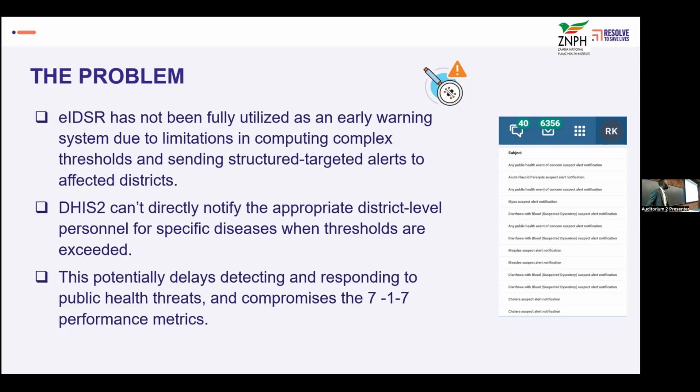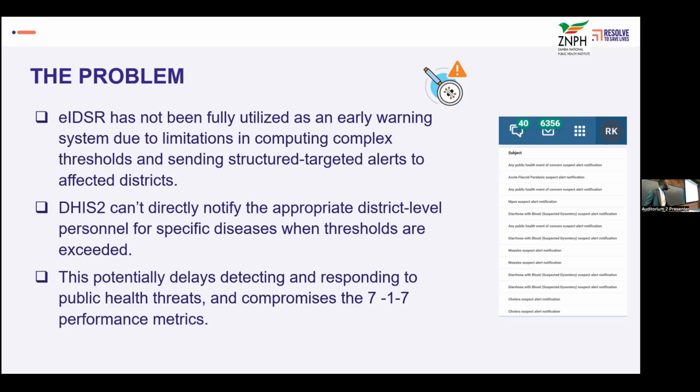But perhaps even more crucially, DHIS2, while it's able to send system notifications, and you can see that in the screenshot on your right, this particular user has over 6,000 system notifications, has limitations in ensuring that these notifications only target the affected district when a threshold is surpassed.